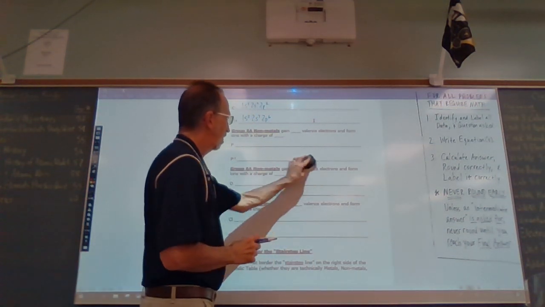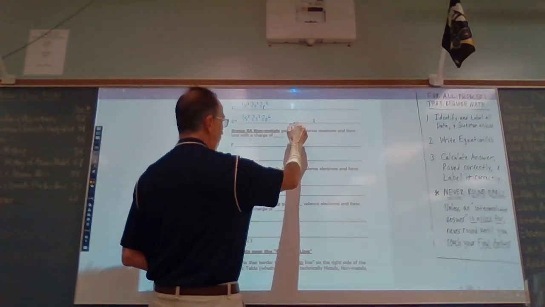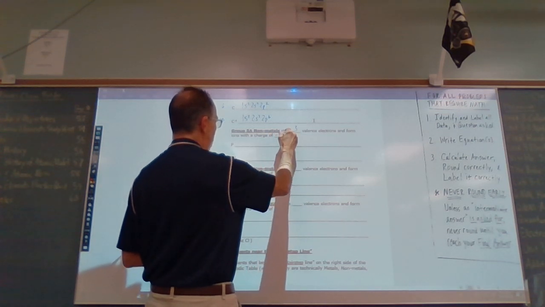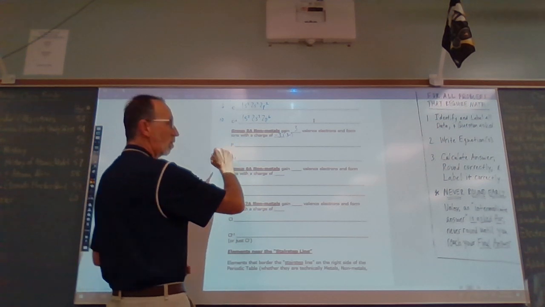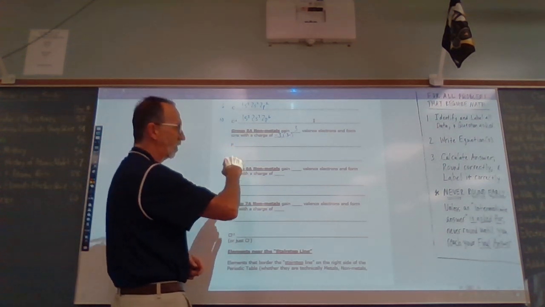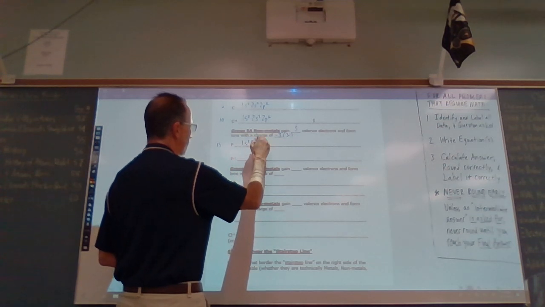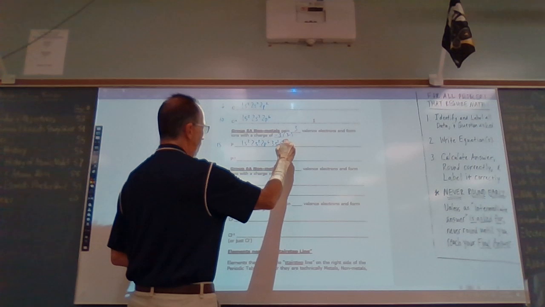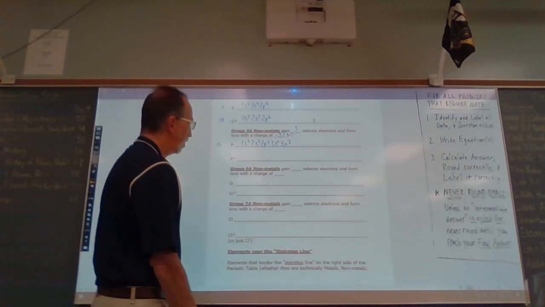5A, having 5 valence electrons and wanting 8, are only going to gain 3 valence electrons and form ions with a charge of -3, or 3 negative. So P, which has 15 electrons, would be 1s2, 2s2, 2p6, 3s2, 3p3.